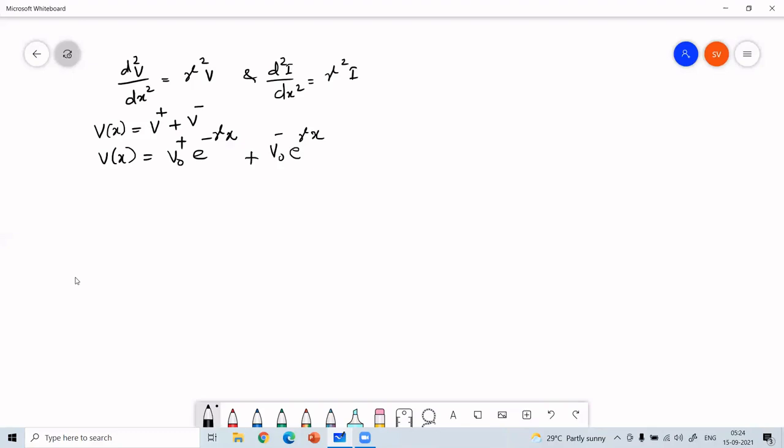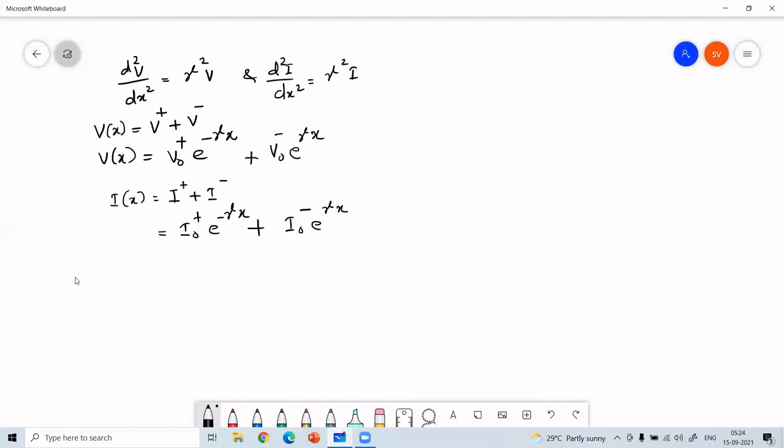In a similar fashion, we can write the expression for current, that is I of x is equal to I plus plus I minus. That I plus can be replaced by I0 plus e raised to minus gamma x, plus I0 minus e raised to plus gamma x.